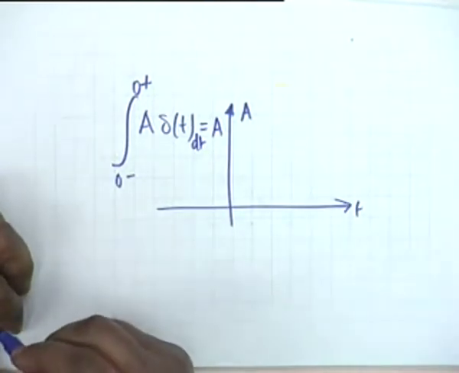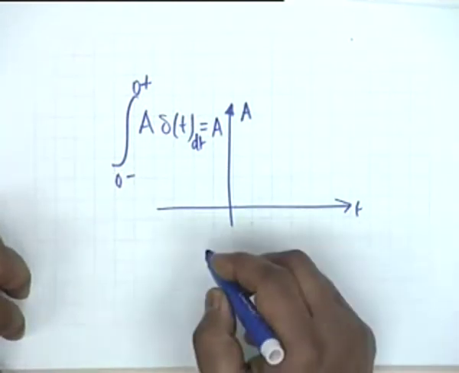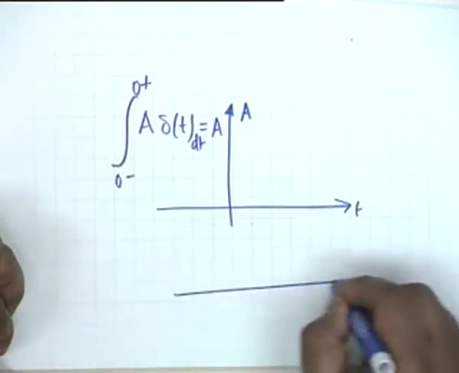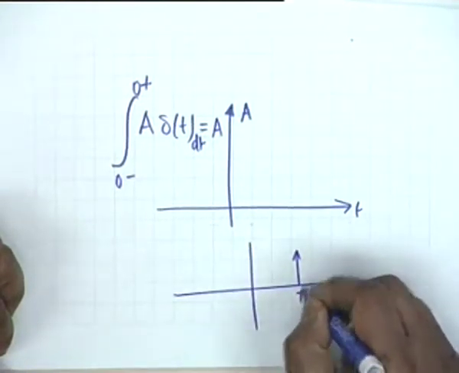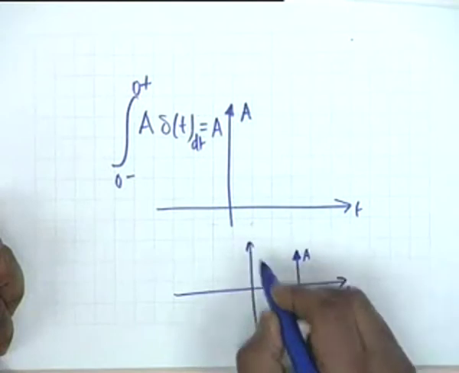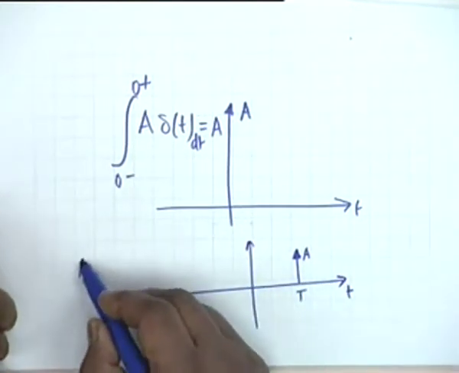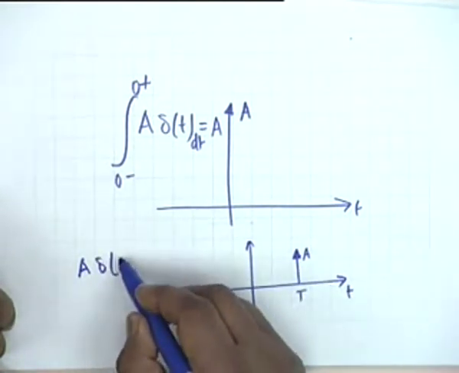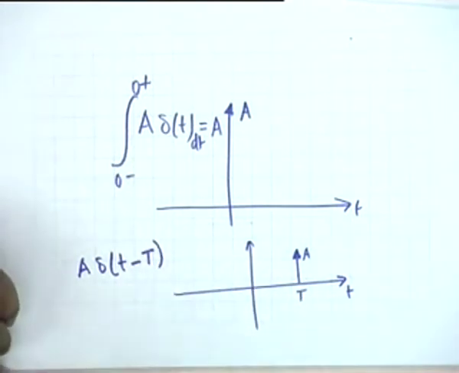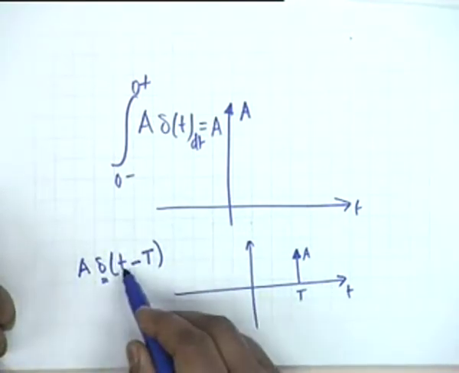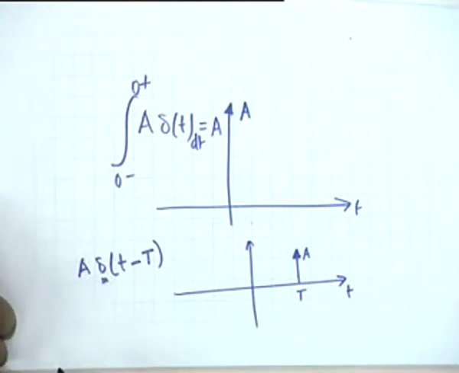Now if the impulse, instead of occurring at t equal to 0, occurs at t equal to capital T, with strength capital A, then this impulse representation would be A times delta of t minus capital T. The delta function or the unit impulse function exists only when its argument is equal to 0, that is, it occurs at t equal to capital T.